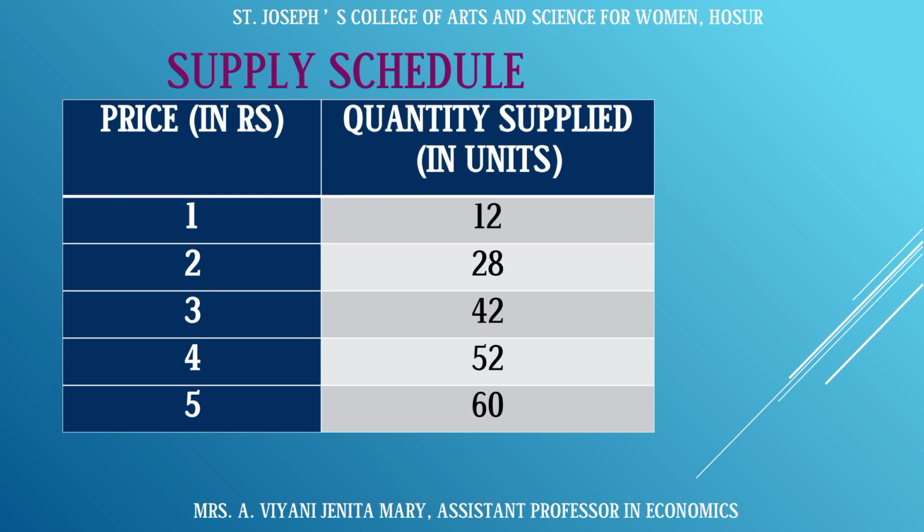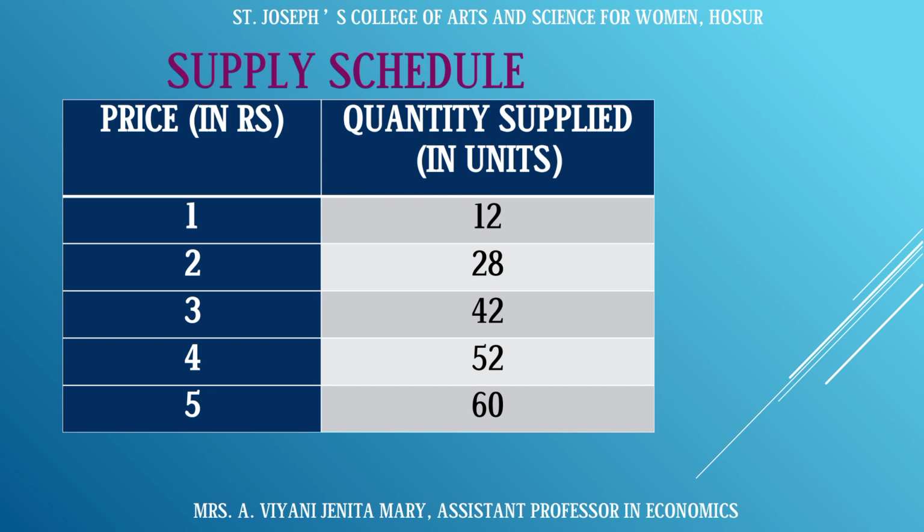That is, when the price is 1 rupee, the producer is able to give 12 units, and if the price is 5 rupees, the producer is able to give 60 units. That is because of the profit motive. To earn more profit, the producer supplies more units when the price increases.